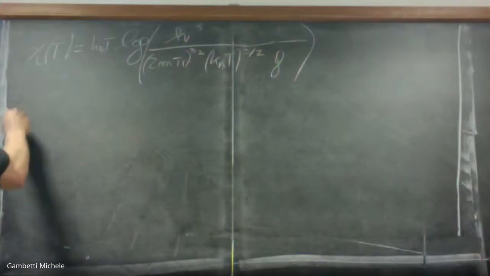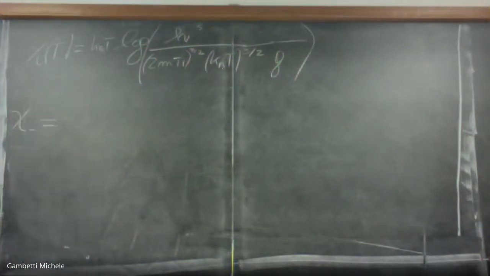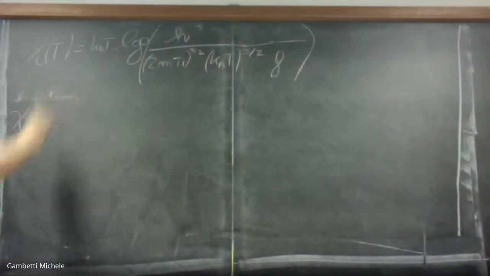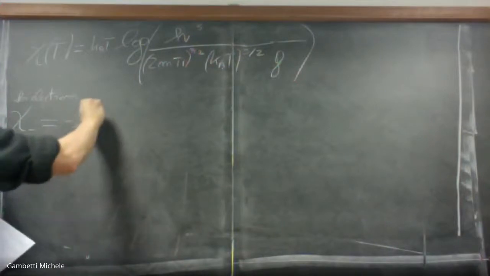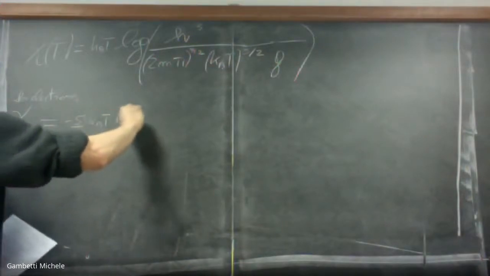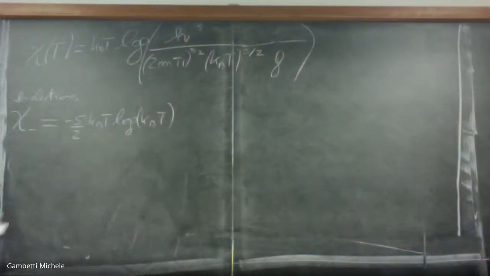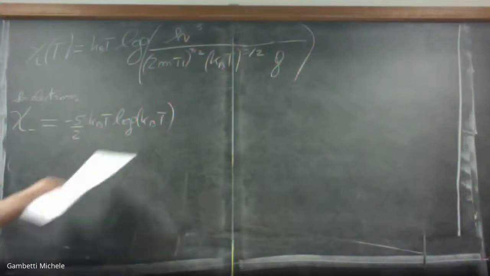So the formula for the electrons of this chemical constant will be the following. It's convenient to write it this way: minus 5/2 kBT log of kBT, where I'm splitting off the part containing the temperature.